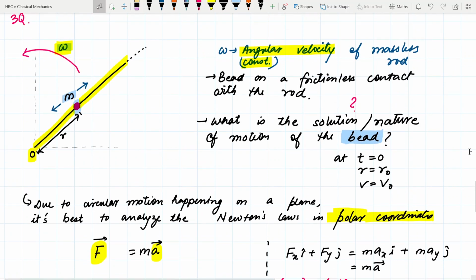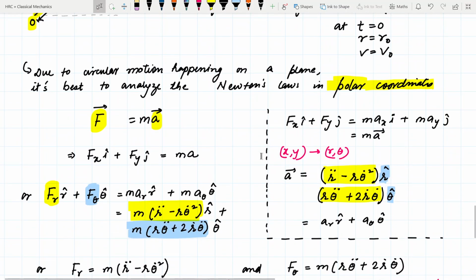Okay, for the bead. Fine, this is clear till now.